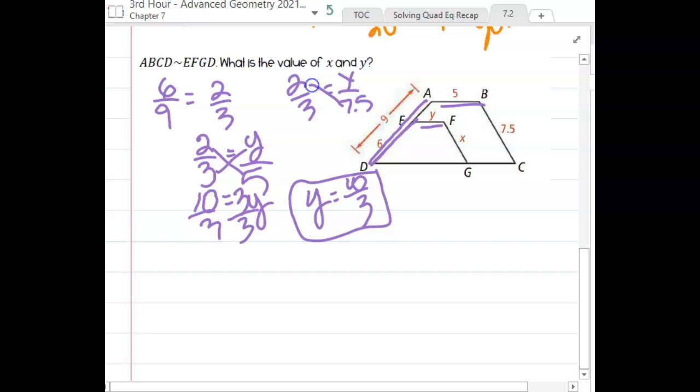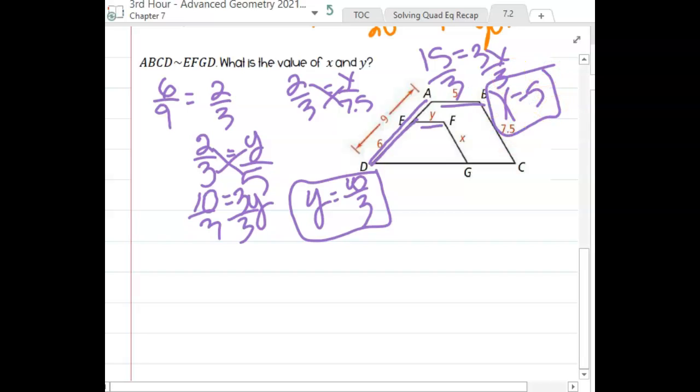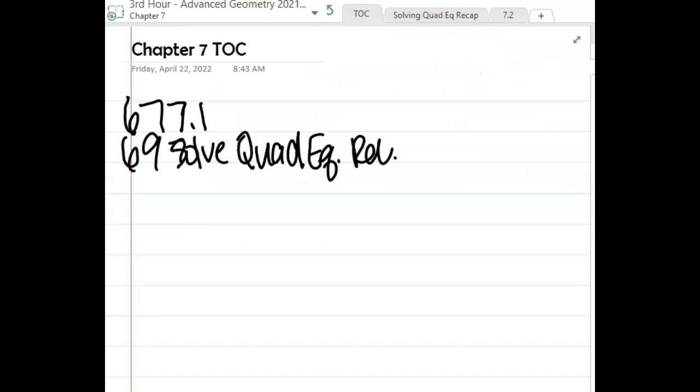And then we do the same thing. Cross multiply. 2 times 7.5 is 15. 3 times x is 3x. Divide by 3, we should get x equals 5.